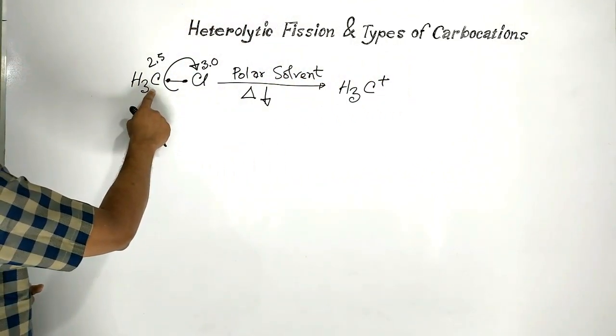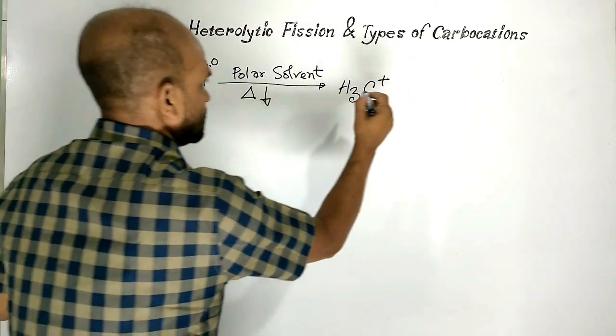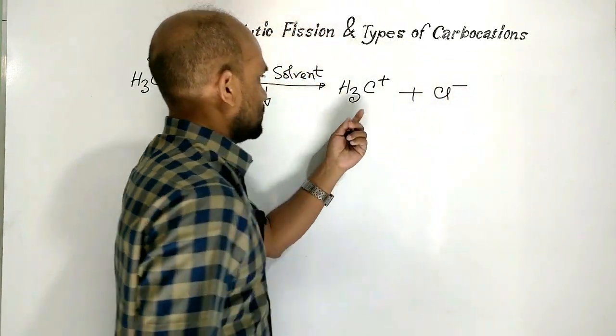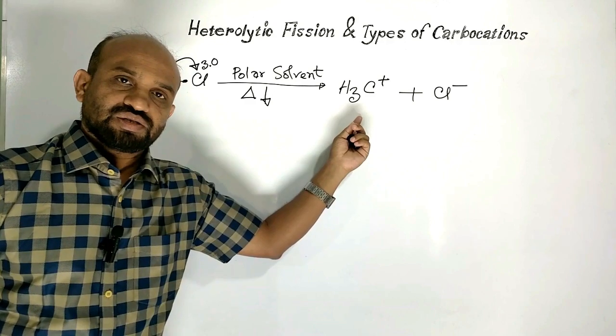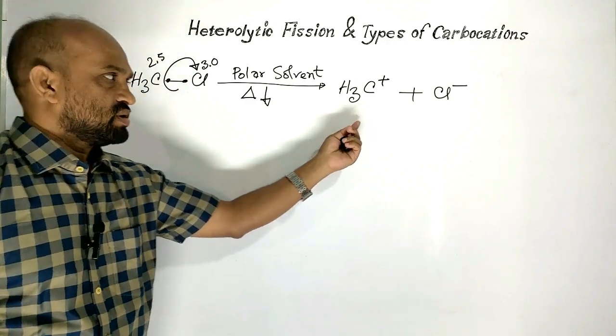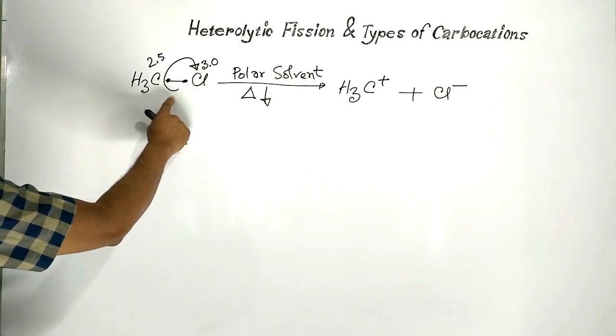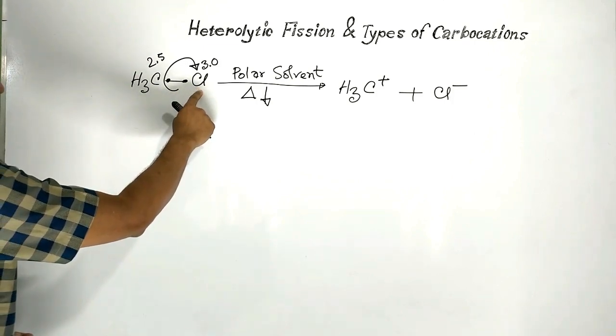Carbon cation is formed and chloride ion is formed, which is known as methyl carbocation. It is formed when these 2 electrons move towards highly electronegative atom chlorine.